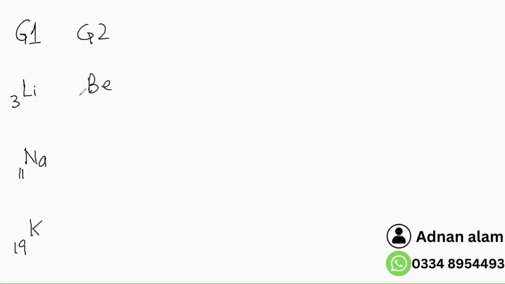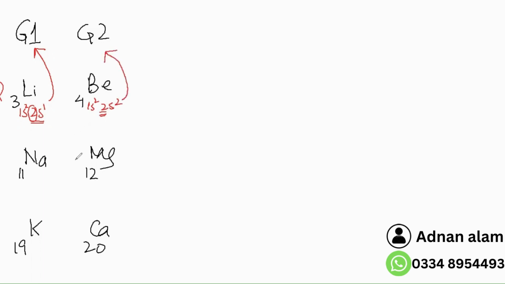In group 2 we have beryllium, proton number 4, magnesium with proton number 12, and calcium with proton number 20. For lithium the configuration is 1s2 and then 2s1. The last electron is placed in 2s1. This 2 means that lithium belongs to period 2, and s1 means it is from group 1. For beryllium, it will be 1s2 and 2s2. This 2 means beryllium is from period 2, and s2 is for group 2.